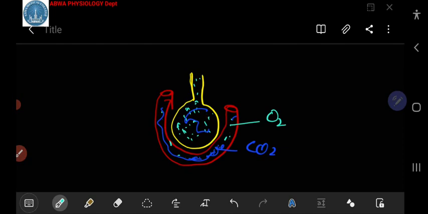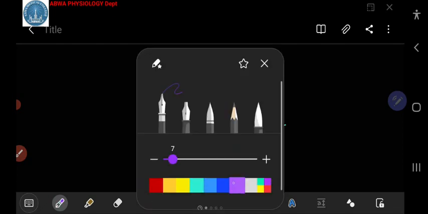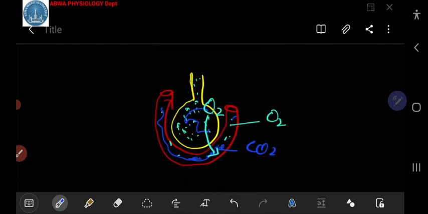It will diffuse through the lungs into the blood vessel from higher concentration towards lower concentration, and the carbon dioxide with the blue color will diffuse out from the blood vessels into the lungs, again following the rule of moving from higher concentration towards lower concentration.